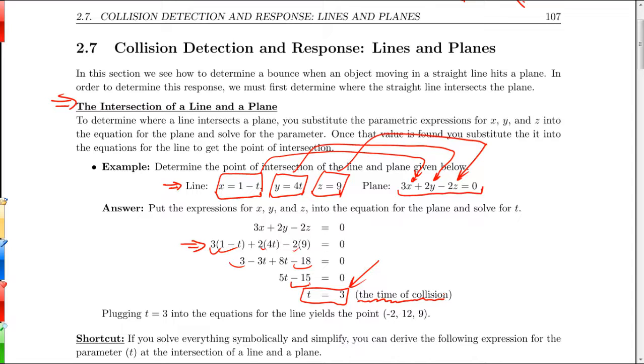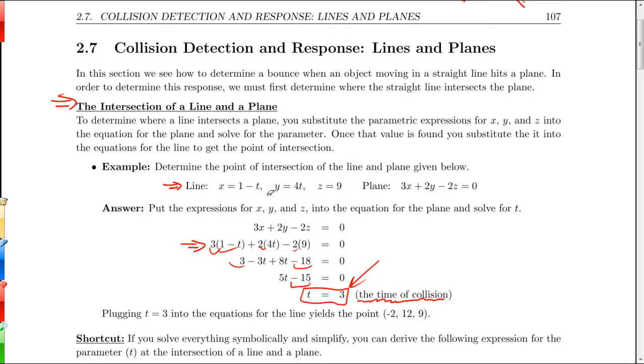Here it's just another parameter. The point being, if I take t equals 3, and I put it right into these equations, I will get, let's see, if I let t equal 3, x will be negative 2, y will be 12, and z is always 9, so it will stay 9.